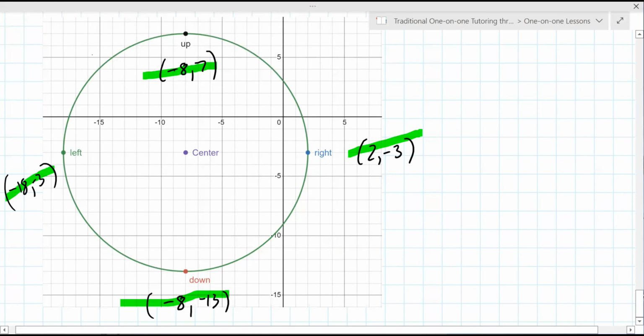Okay. Got it down. You got it down. Fantastic.